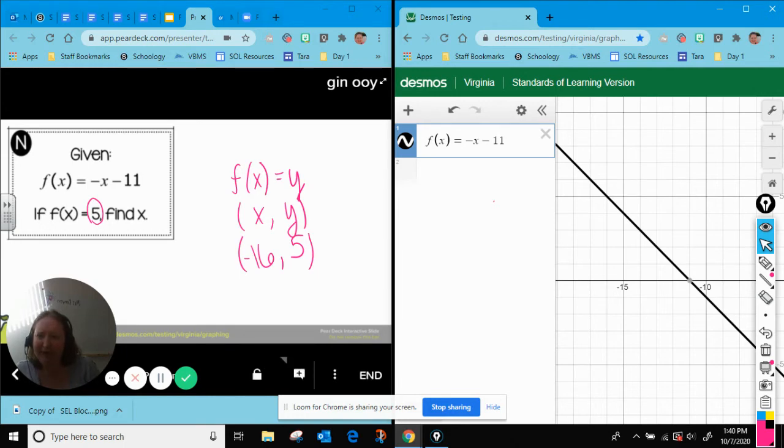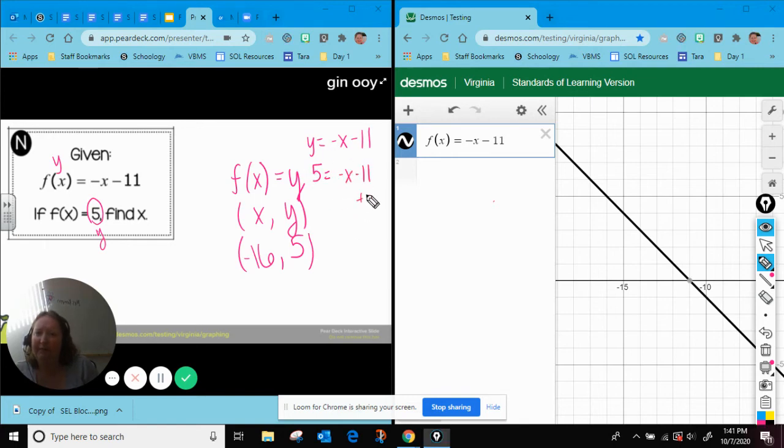Okay. I mean, obviously you could just do the math. And I showed you that in class, but I'm feeling like maybe I should show that here. So if they're giving you the y value, recall that f(x) is equal to y. So really another way to write the equation is y is equal to -x minus 11. Now they're giving you the value of y, so you're going to put that in here and solve, solve, solve, right?